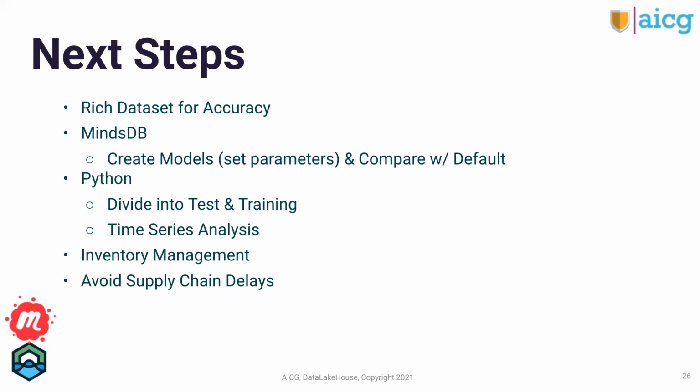And ultimately, that's going to help avoid major issues like a lot of what we've seen in the last two years, supply chain issues. Granted, MindsDB and our linear regression model aren't going to take into account a global pandemic, but on a day-to-day basis, based on a period of historical data, you can do a pretty good job of keeping supply up and knowing when your biggest sales spikes are likely to occur.